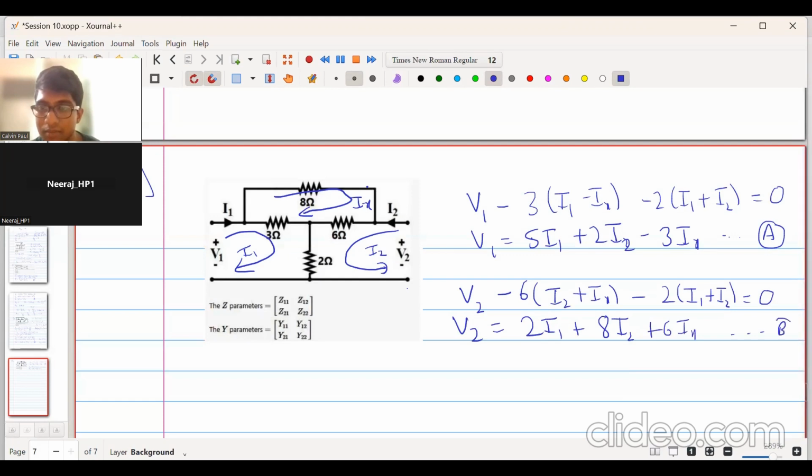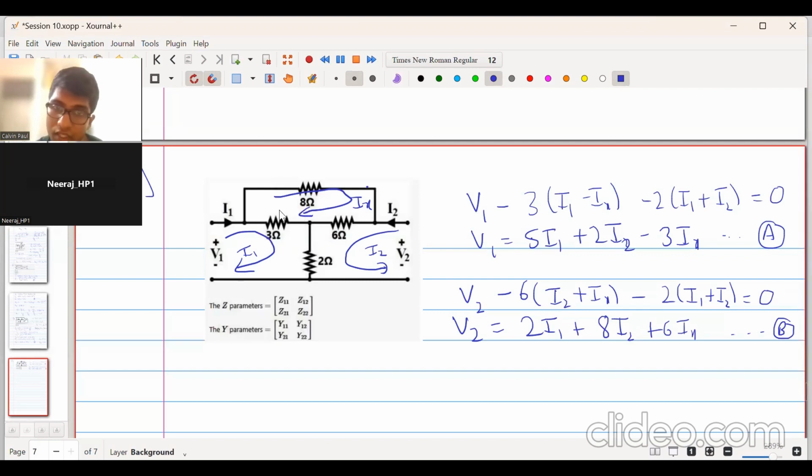This is B. So thus we have found V1, V2 in terms of I1, I2, Ix. But we want V1 and V2 to be in terms of I1 and I2, because then only we can find the Z parameter.